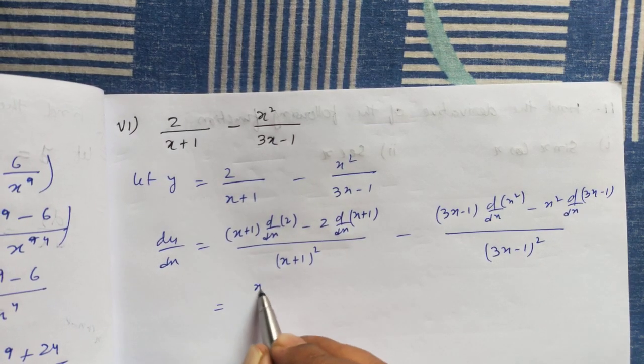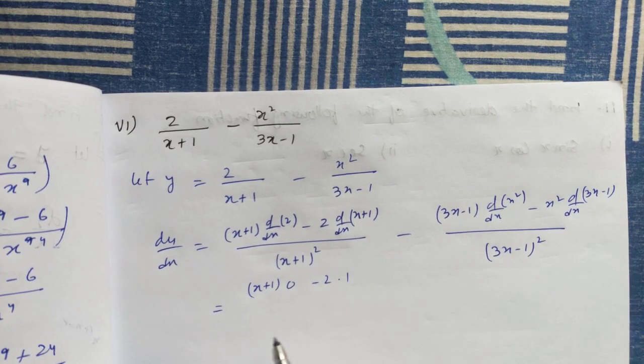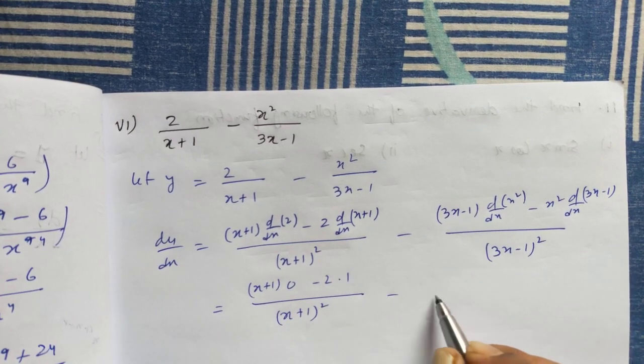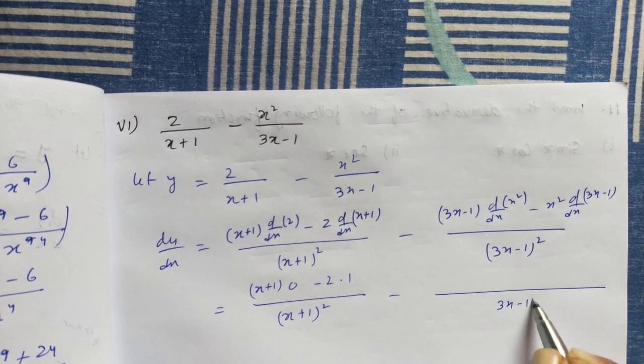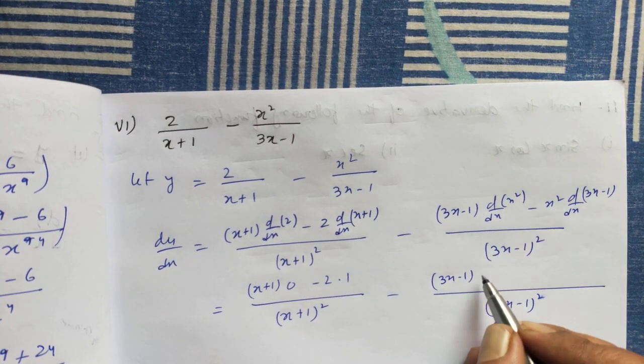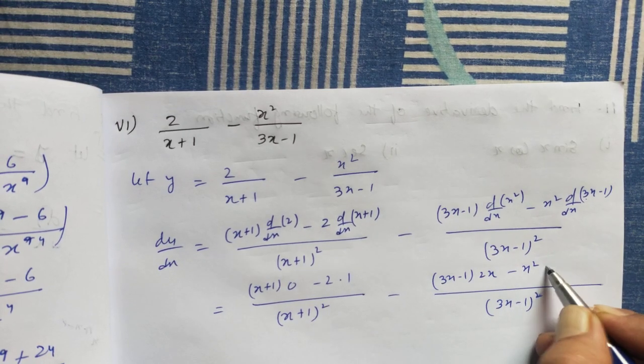So this is x plus 1, derivation of something is 0, minus 2, derivation of x is 1. Three x minus 1, derivation of x square is 2x, derivation of 3x is 3.